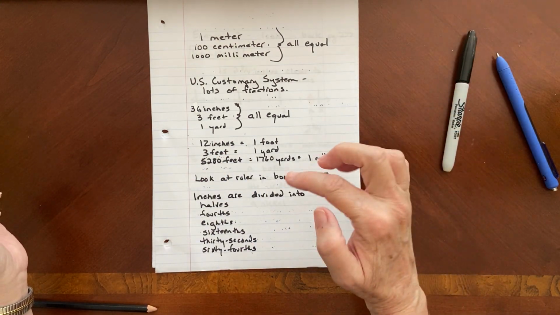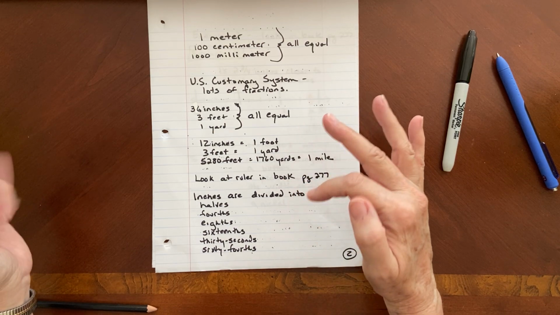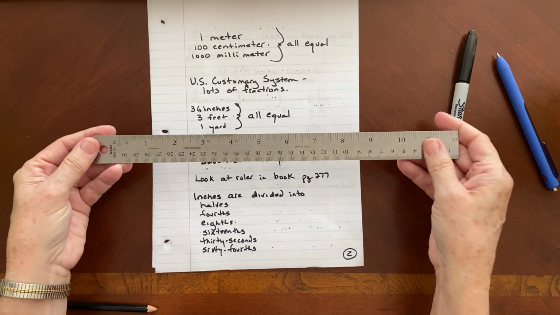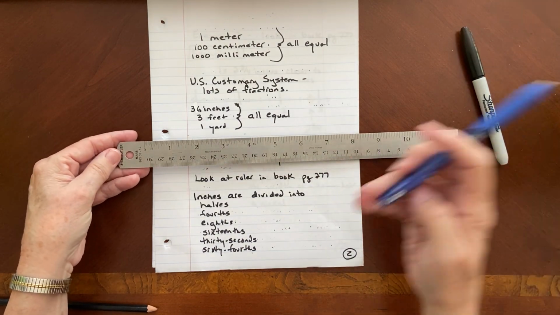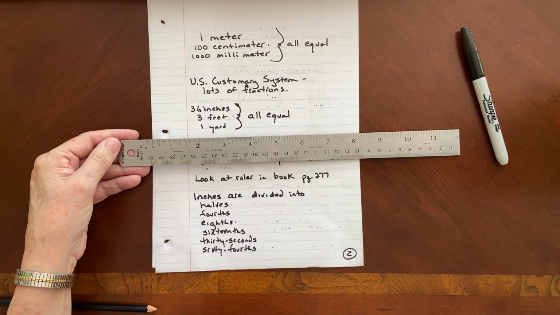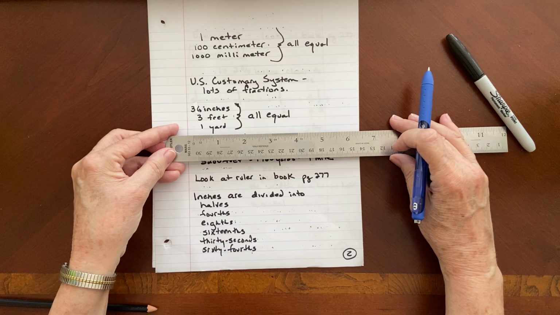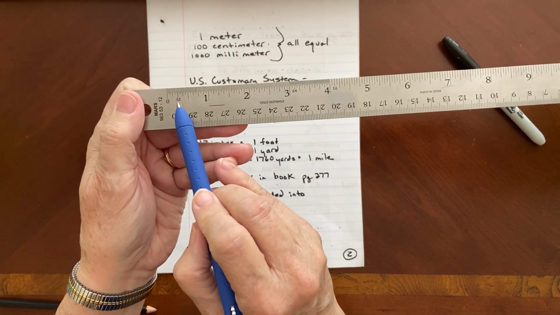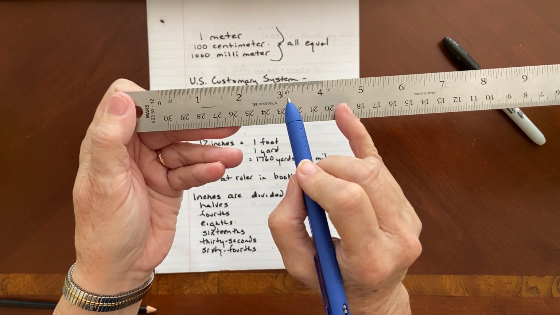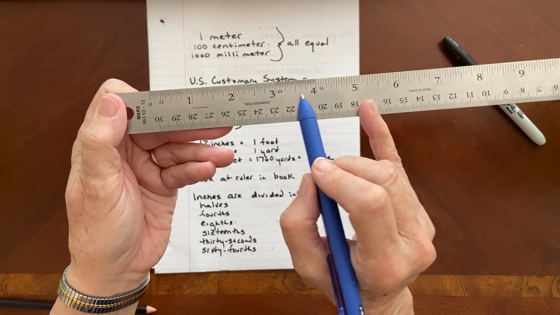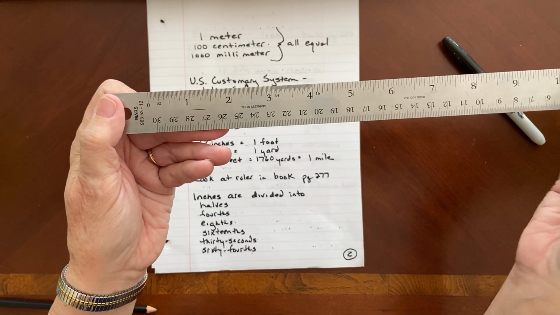Okay, the trick with using a ruler with the U.S. customary system is they're broken down into halves, fourths, eighths, 16ths, 32nds, and 64ths. And if you can zoom in on my ruler here, you see that 32nd and that 64th? They kind of broke up between 3 and 4 into little tiny measurements.